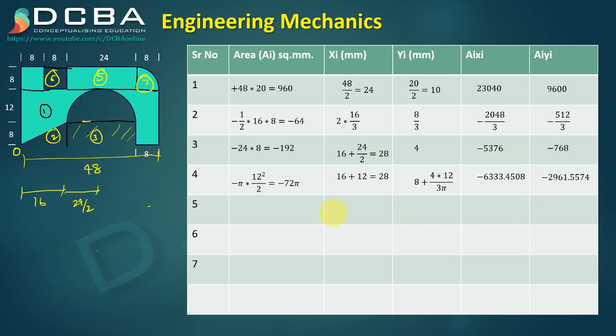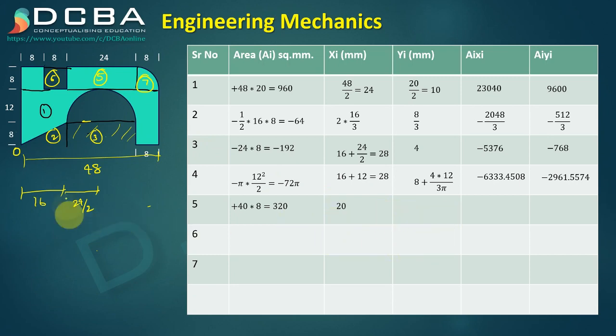Then we have the fifth area, which is this complete rectangle. It's a positive area and the width is 16 plus 24, which is 40, and the height is 8, so it's 40 into 8. Xi from point O is 40 by 2, which is 20.